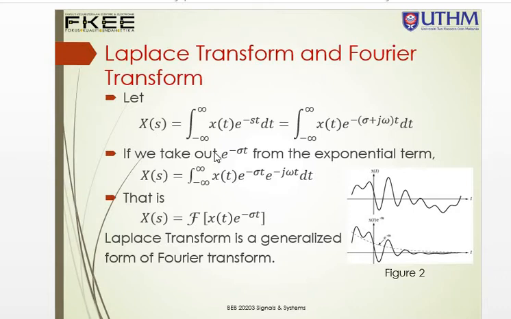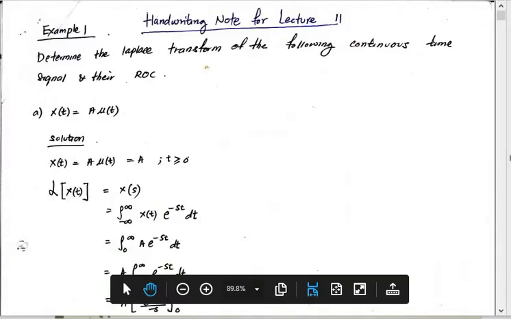So if we take out the exponent negative sigma t from the exponential, we are left with x(t) exponent negative sigma t, exponent negative j omega t dt. So we can say that this, the Laplace transform, is generalized from the Fourier transform. This part is a Fourier transform, so it is generalized from the Fourier transform.